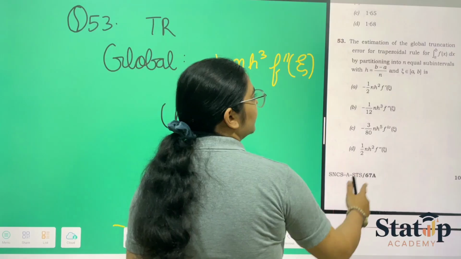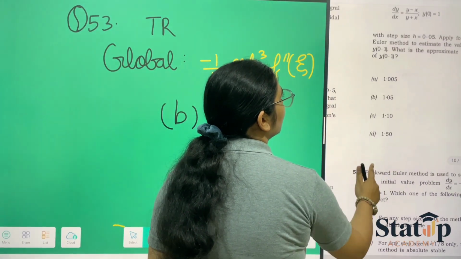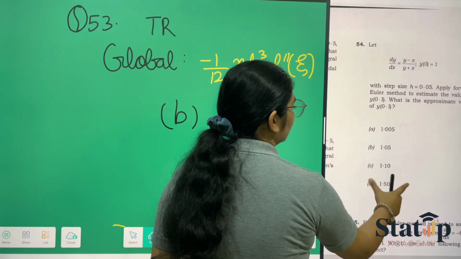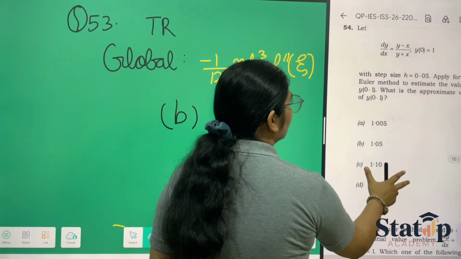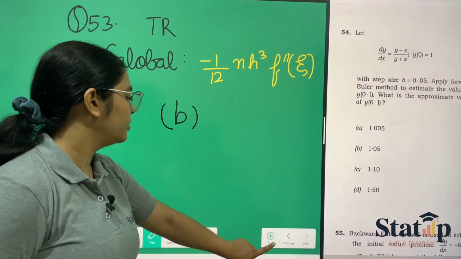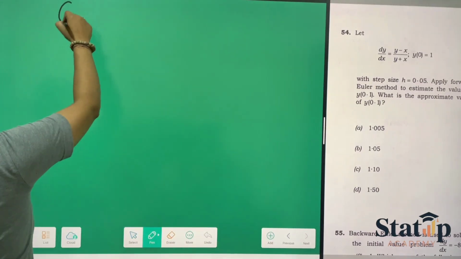Now moving towards another question, which is Euler's method. Question number 54.